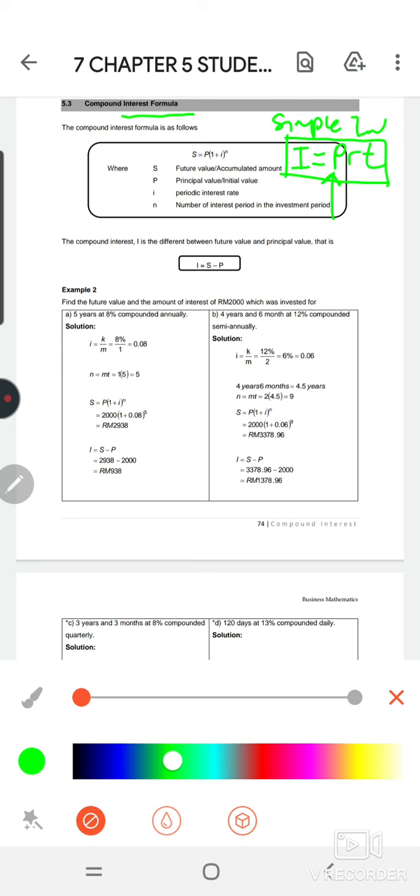So P is always fixed. But for compound interest, if you use I equals PRT, for the first year P may be, for example, 100, and then for the second year P may be 150, because it will use the new P. So you cannot use the formula I equals PRT even though it is interest.